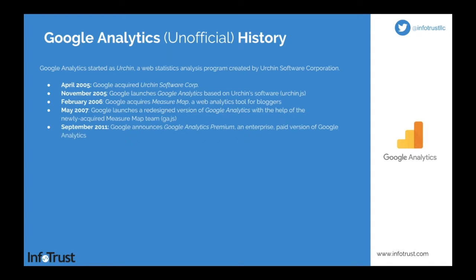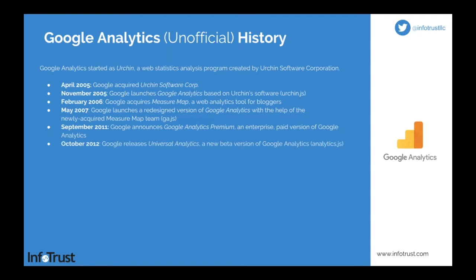In September of 2011, Google announced Google Analytics Premium, which is what we're going to be talking about mostly today, called Google Analytics 360 now, but that's the enterprise paid version of Google Analytics. And I will talk in a few slides about the difference between Google Analytics and Google Analytics 360, but it is important to note, prior to 2011, Google Analytics did not have a premium or enterprise tier. It was just a free tier.